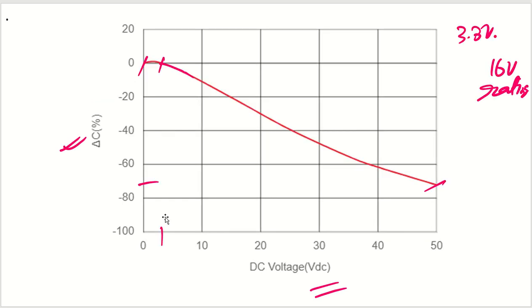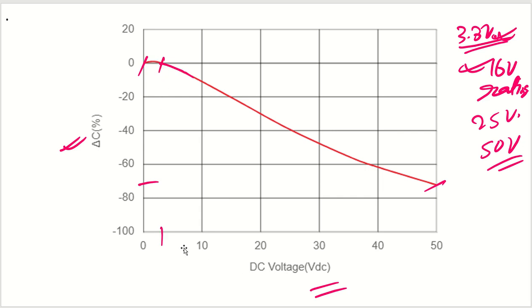Next, why do we talk about the voltage rating of a capacitor? Let's say you have a requirement of 3.3 volt. You will not select a capacitor of 3.3 volt rating or 6.3 volt rating. You will go ahead with 16 volt rating, or let's say 25 volt or 50 volt rating. Why? As you can see, for this capacitor, till around 3 or 3.3 volt, the capacitance is not changing.